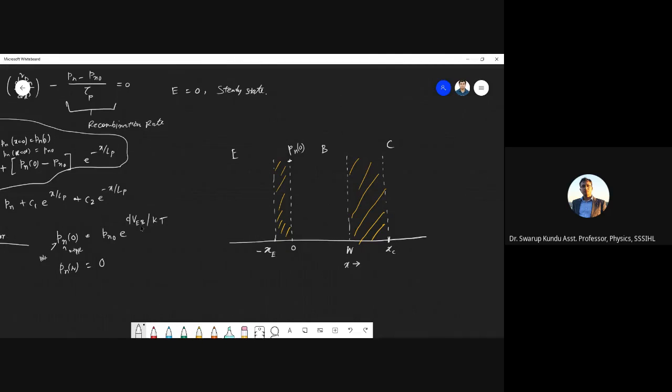Here we write V_BE because we are considering the base region, the base and emitter voltage. This equation is well known, I think, for all of you. We have derived how the concentration of holes or electrons falls off under potential bias. And PnW here will be 0, right?